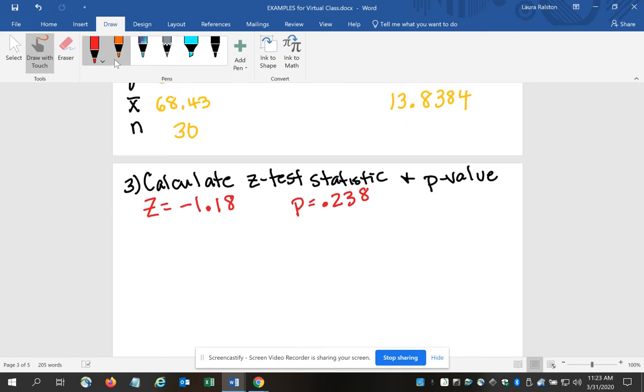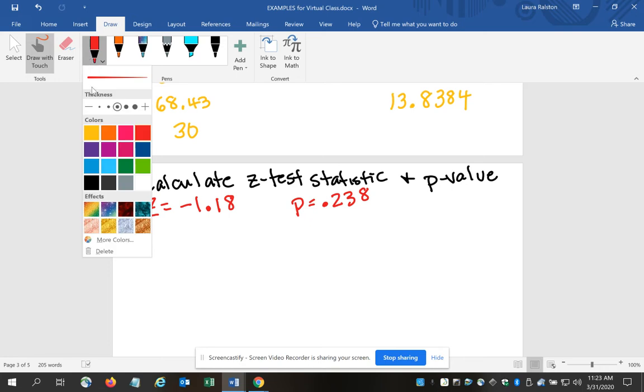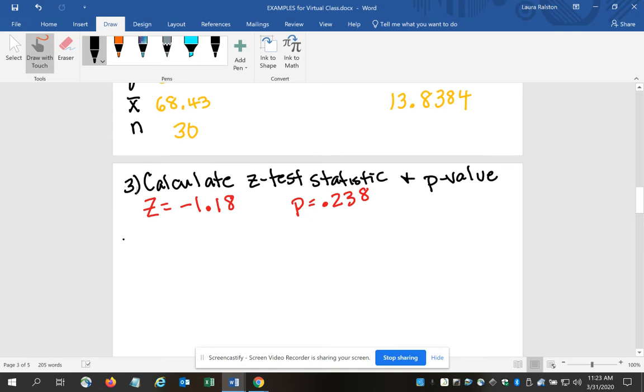Step 4 in the process is to compare P and alpha in order to make a decision, to decide whether we should reject or fail to reject.